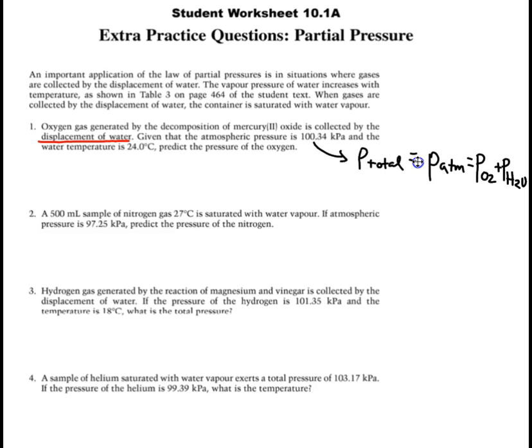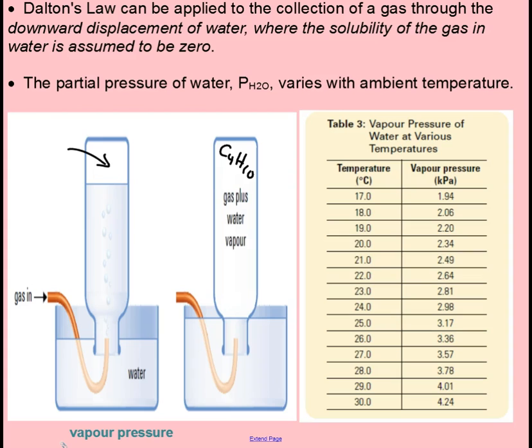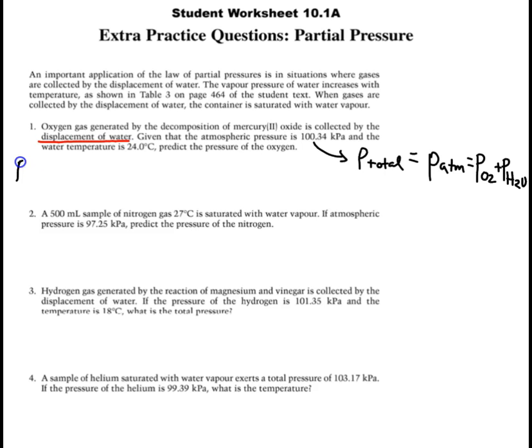In this case, 24.0 degrees Celsius corresponds to a partial pressure of 2.98 kilopascals of water. So going back here, we're going to replace pressure of H2O with 2.98 kilopascal units. And the pressure of oxygen would be slightly less than atmospheric. Pressure of O2 would be simply the atmospheric pressure subtract the pressure of the water vapor.